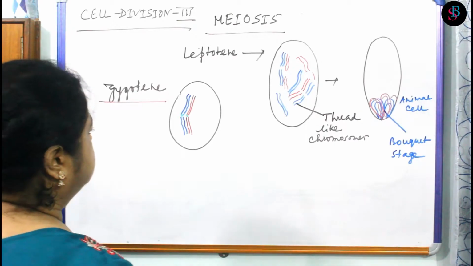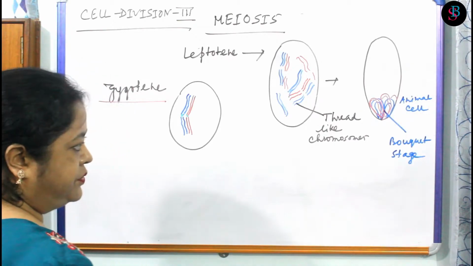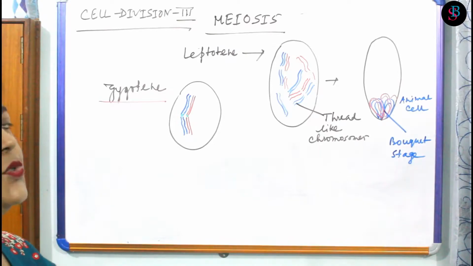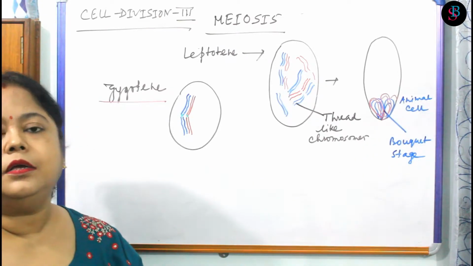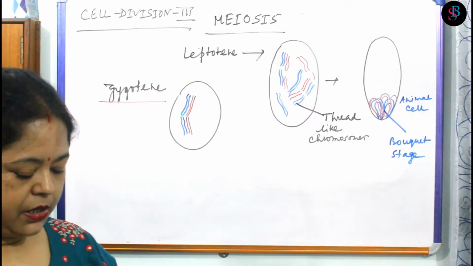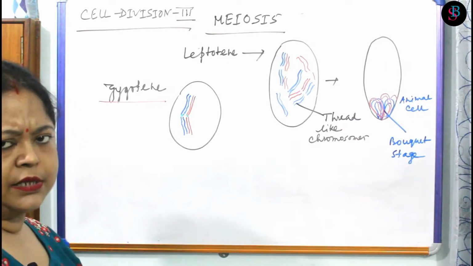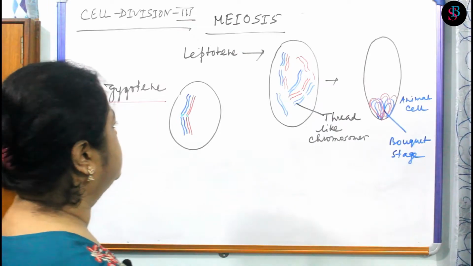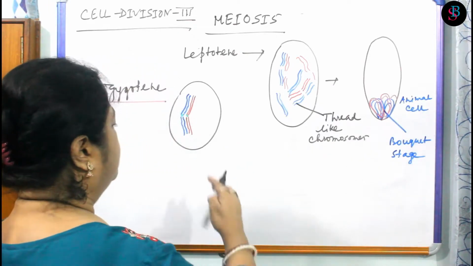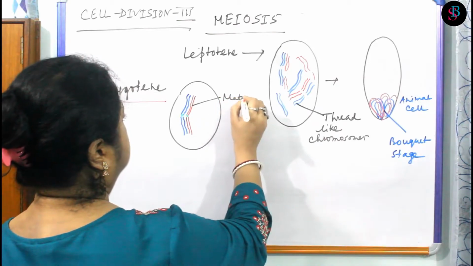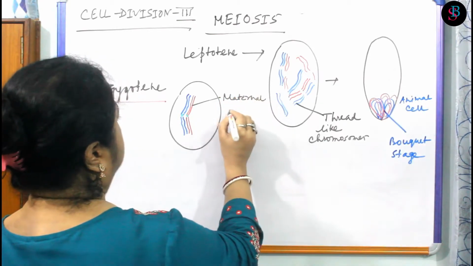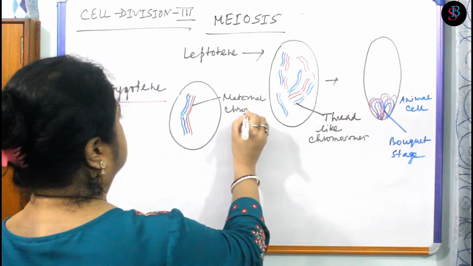The chromosomes which are the same in appearance with each other, as well as which contain the same type of characteristics, are known as homologous chromosomes. In lower classes, I think you have studied, no? Homologous chromosomes. Now, of the homologous chromosomes, one is the maternal chromosome and another is paternal.